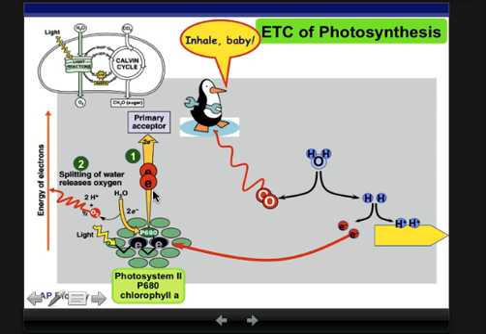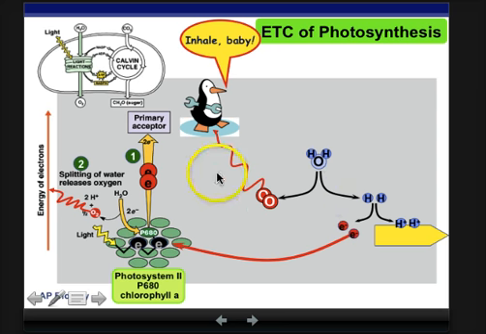Number four, the missing electron in that molecule at the P680 is so strong that it splits water. And lastly, when water splits, it replaces that electron, and another electron goes to the primary acceptor, and protons move on to the next step.